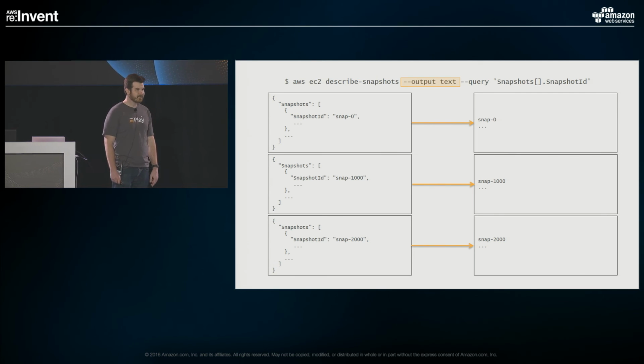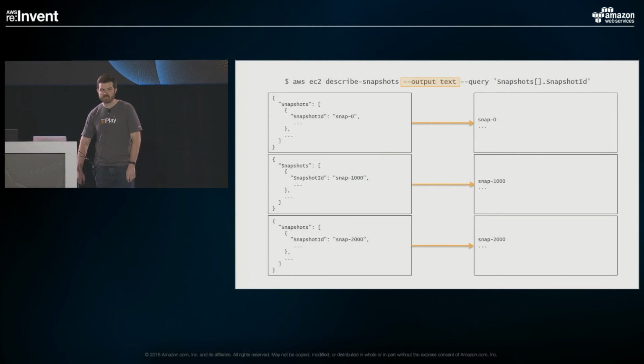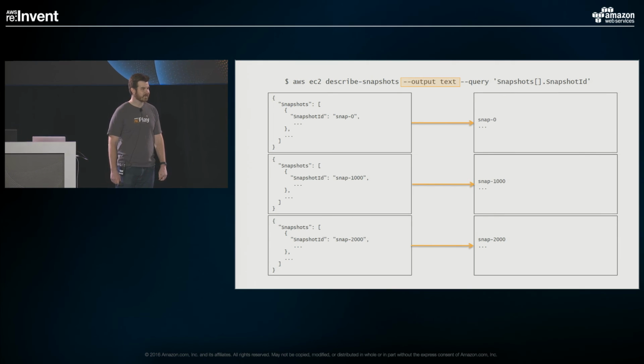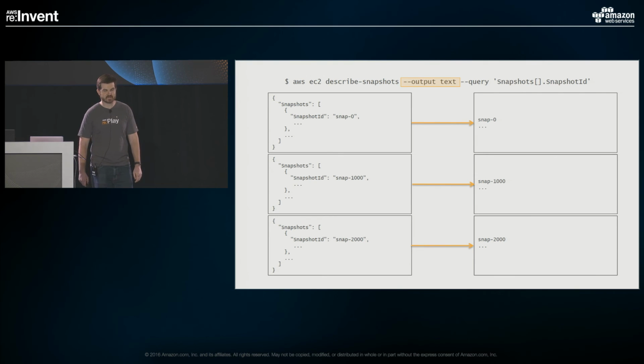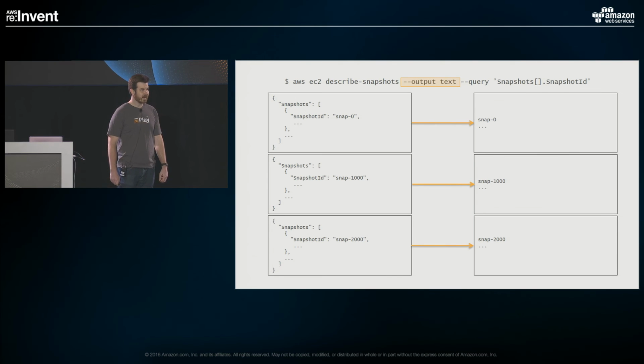So if you have a workflow where you're trying to describe a set of resources and then perform an action on that set of resources, you want to make sure you're using the output text format because that will increase the concurrency. For example, if I wanted to share my particular snapshot with an individual user and I didn't provide output text, I would have to wait for the entire command to run before I can start sharing my snapshot.